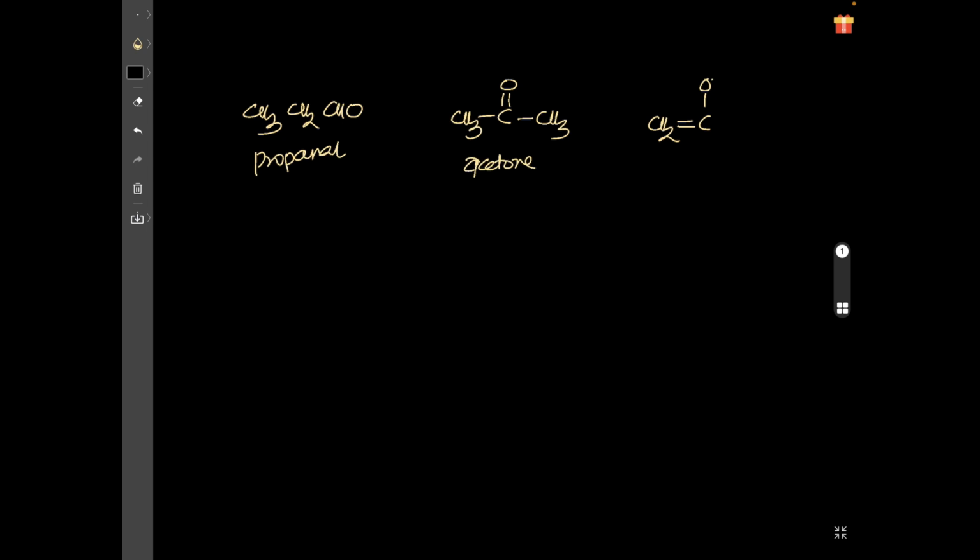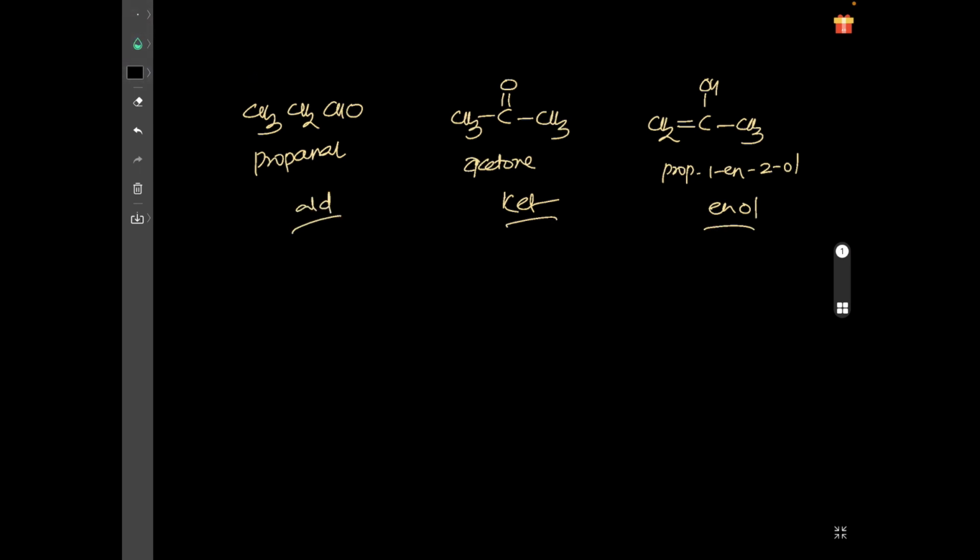The most common example is CH3CH2CHO, this is propanal, an aldehyde. CH3C(=O)CH3 is acetone, a ketone, and you can take it like this also: enol, prop-1-en-2-ol. Enols, ketones, and aldehydes.